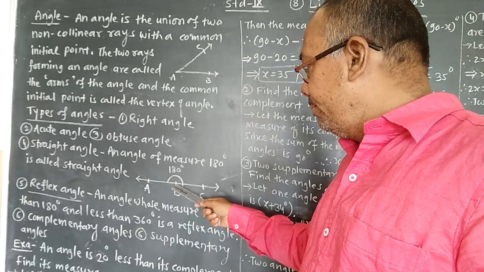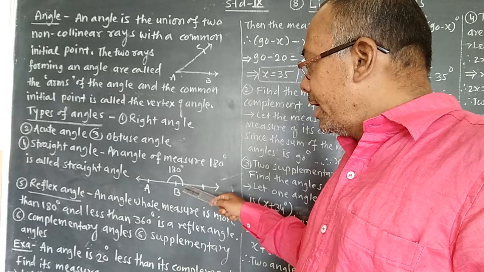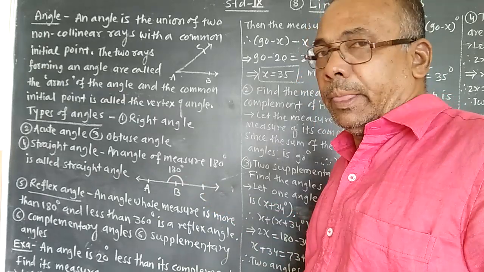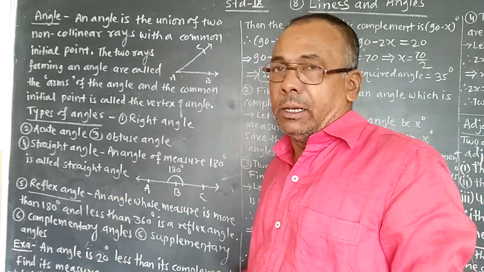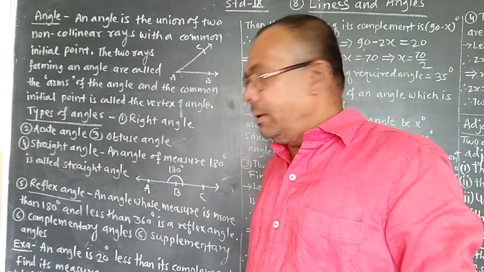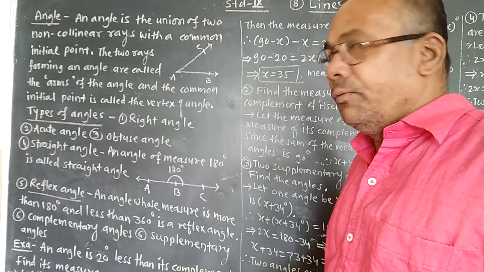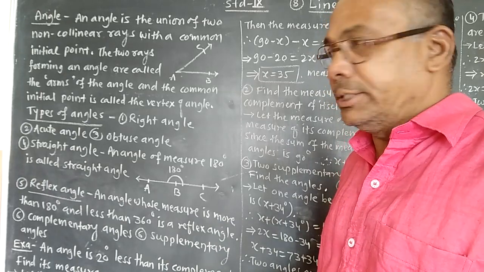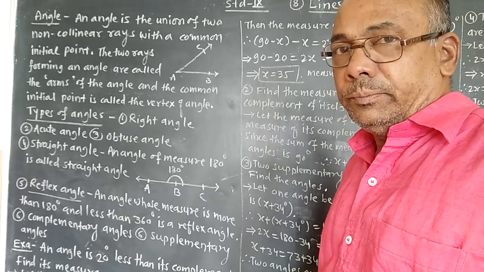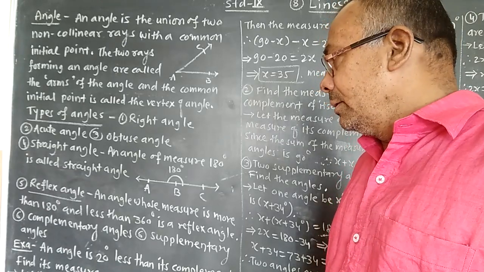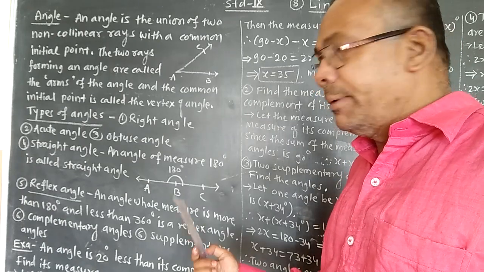Here, ABC is a straight angle having measure 180 degrees. Then the fifth type of angle is reflex angle. An angle whose measure is more than 180 degrees and less than 360 degrees is called a reflex angle. Then the sixth type of angle is complementary angles.